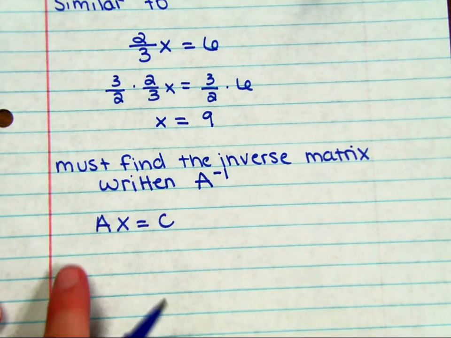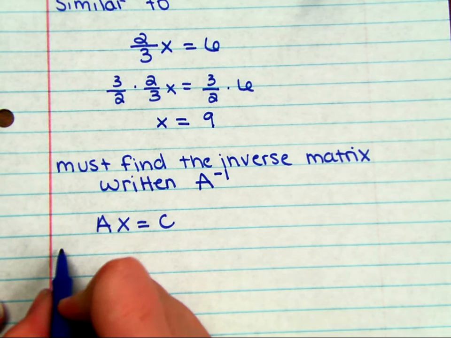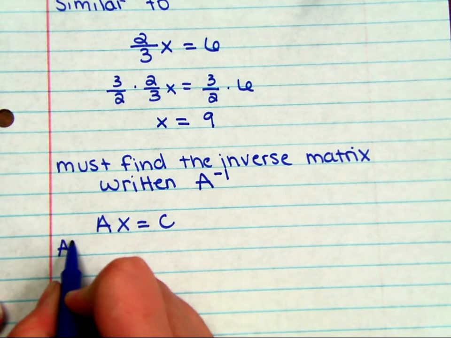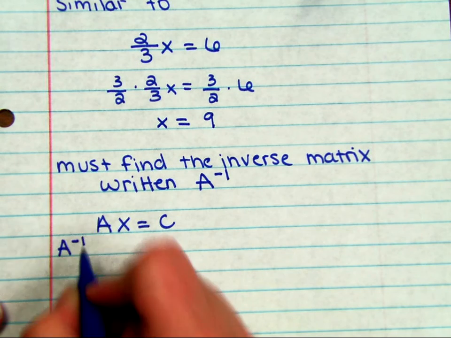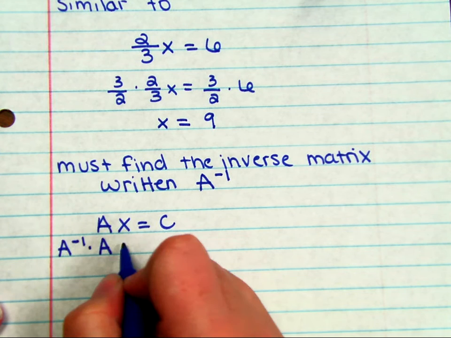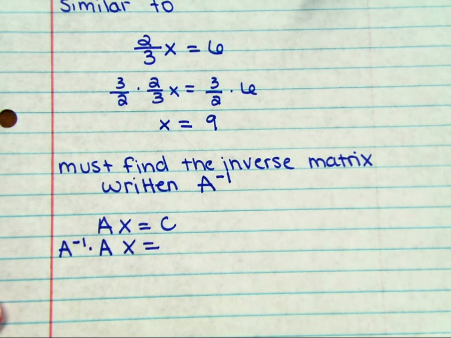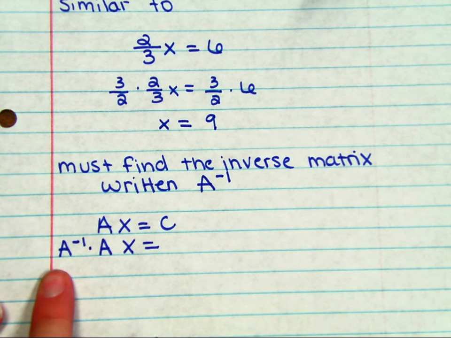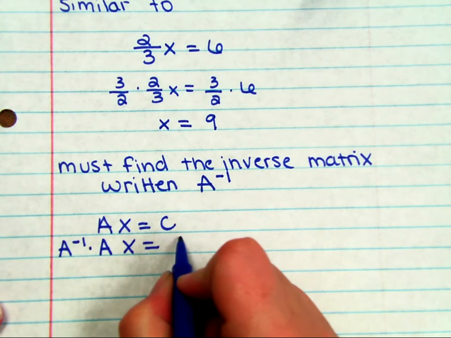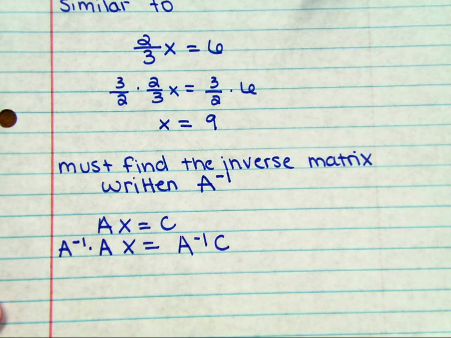I want to multiply my left-hand side by the inverse matrix. So that would look like this. A -1 times A X equals, and you need to remember that order matters when you're multiplying matrices. So if I did A to the -1 first over here, I also need to have A to the -1 times C on the right-hand side.